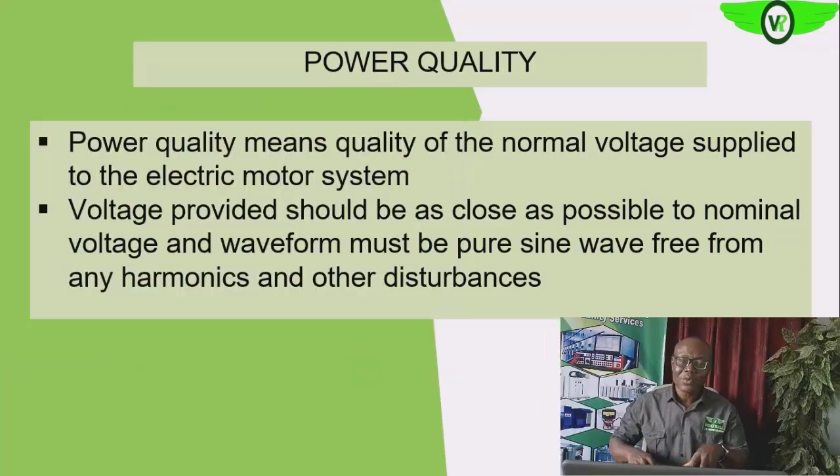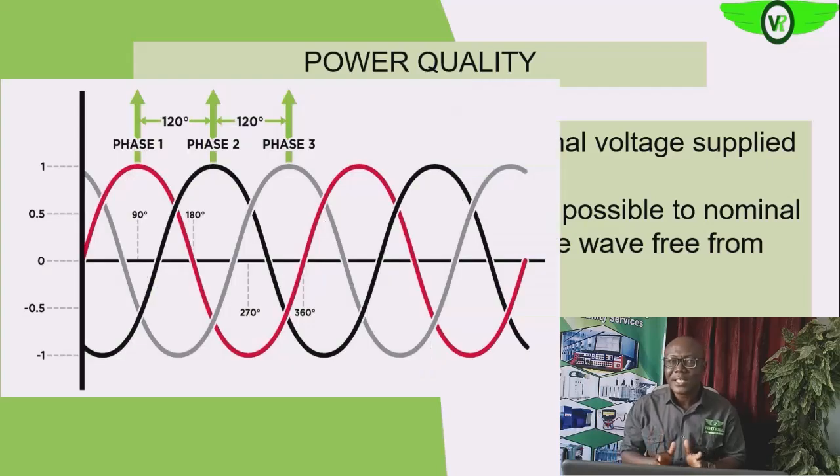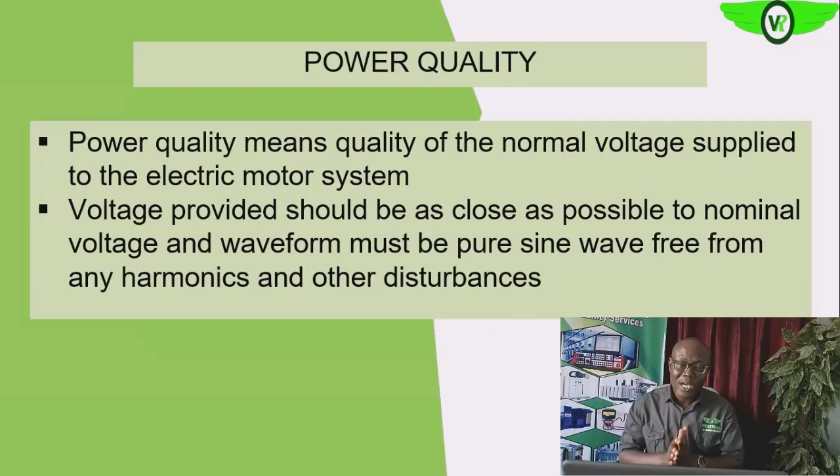So that is the quality that we are talking about, which means the normal voltage as indicated on the nameplate of your electric motor. That is what should be supplied to the motor system. And of course, what we are supplying to the electric motor system must be a pure sine wave. Anything that is outside a pure sine wave means that the quality of that power has been distorted. So the how, we will see as we go along.